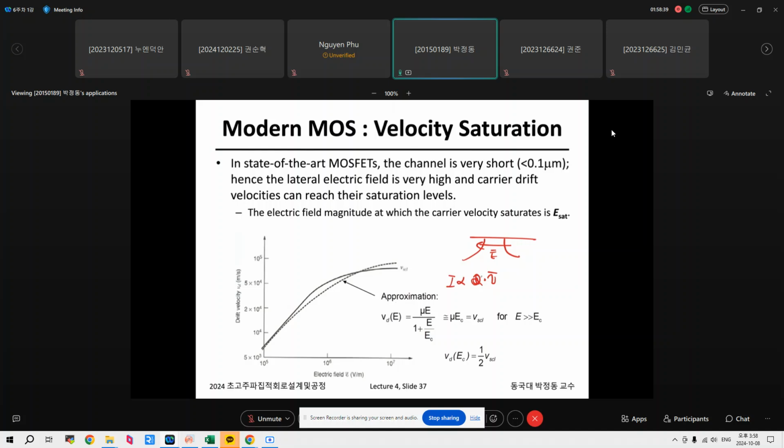Actually speaking, this is proportional to rho multiplied by velocity and area, W Tox. So rho Tox is proportional to Cox times VGS minus V threshold.